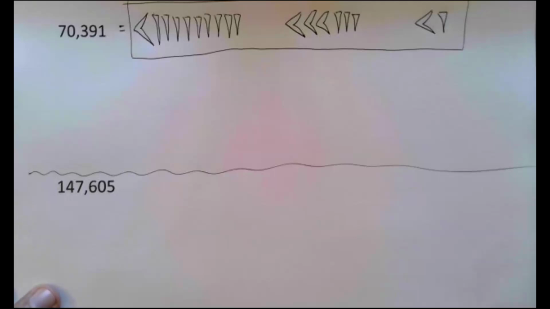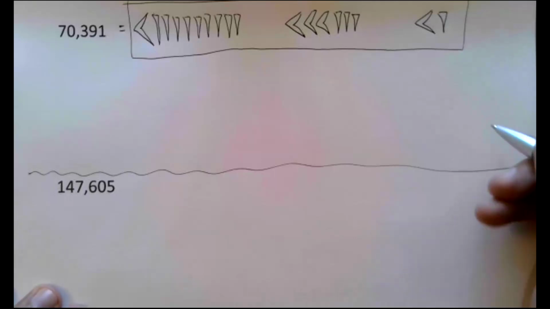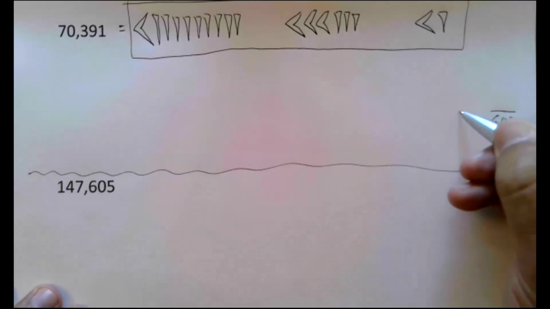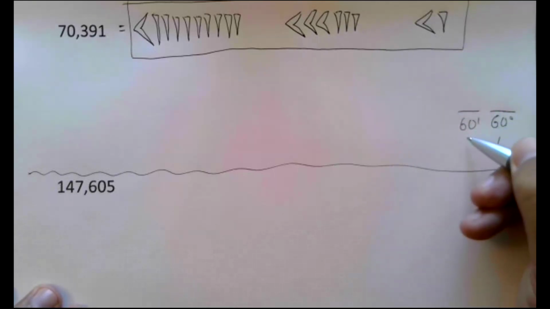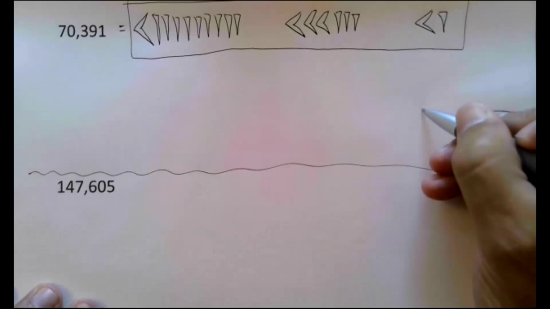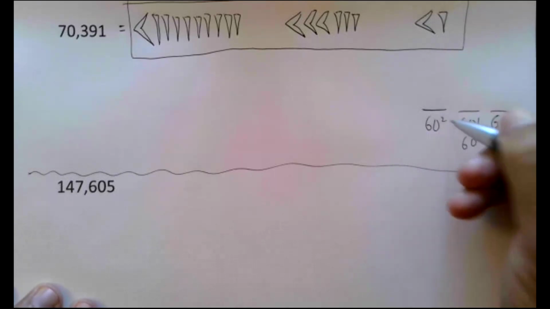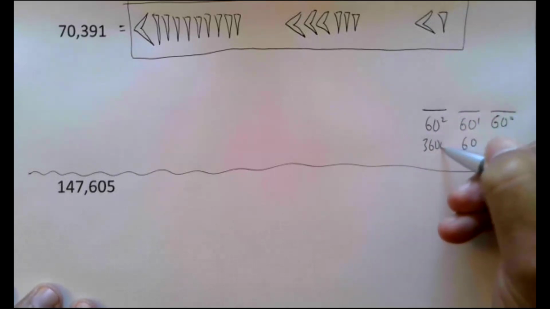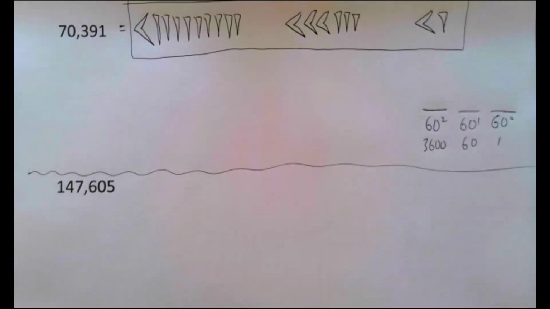How would we get that? Remember, you don't have to do it the way I'm doing it right here. I just like to do it this way. I like to write down my powers of 60 like this.